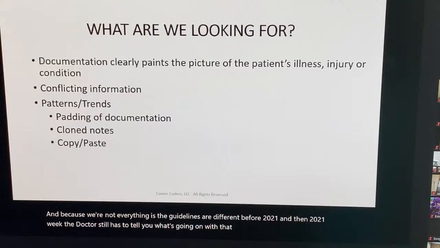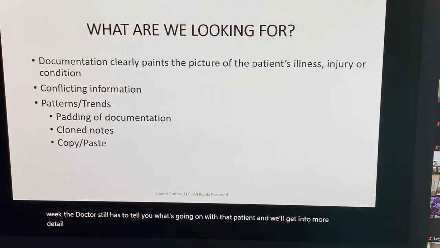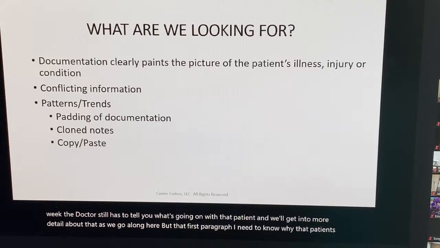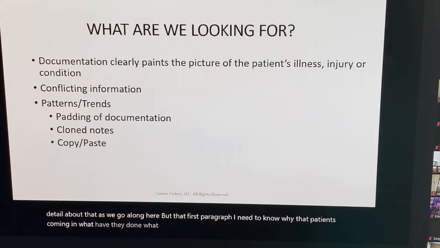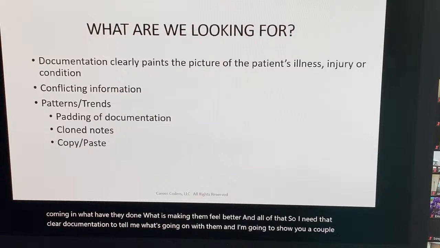And we'll get into more detail about that as we go along. But in that first paragraph, I need to know why that patient's coming in. What have they done? What is making them feel better and all of that? So I need that clear documentation to tell me what's going on. And I'm going to show you a couple of examples here in a little bit.